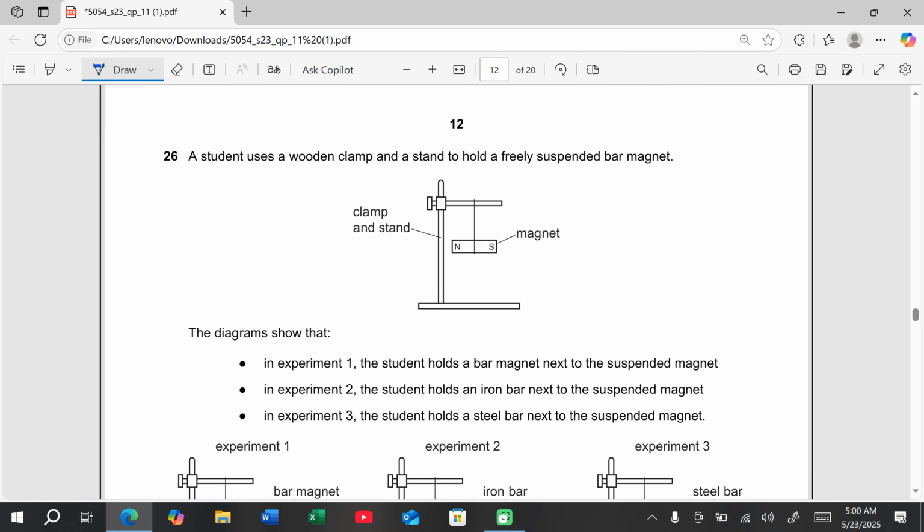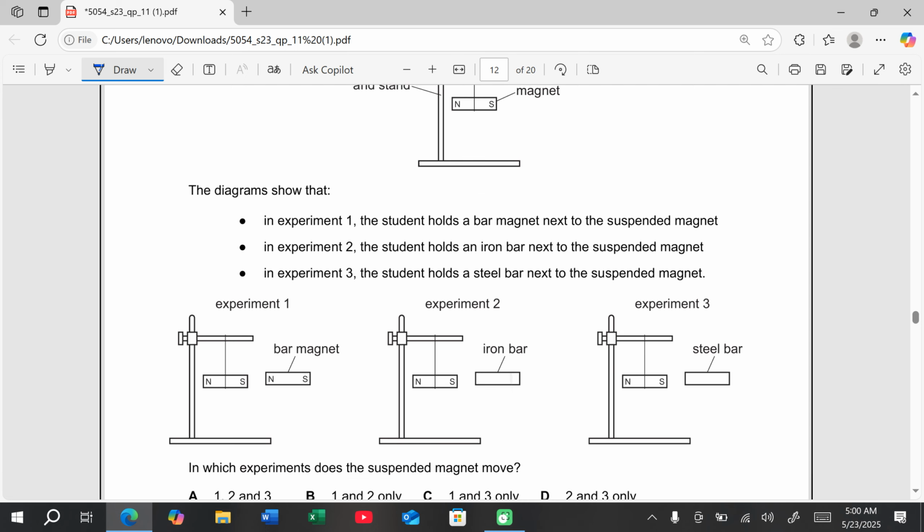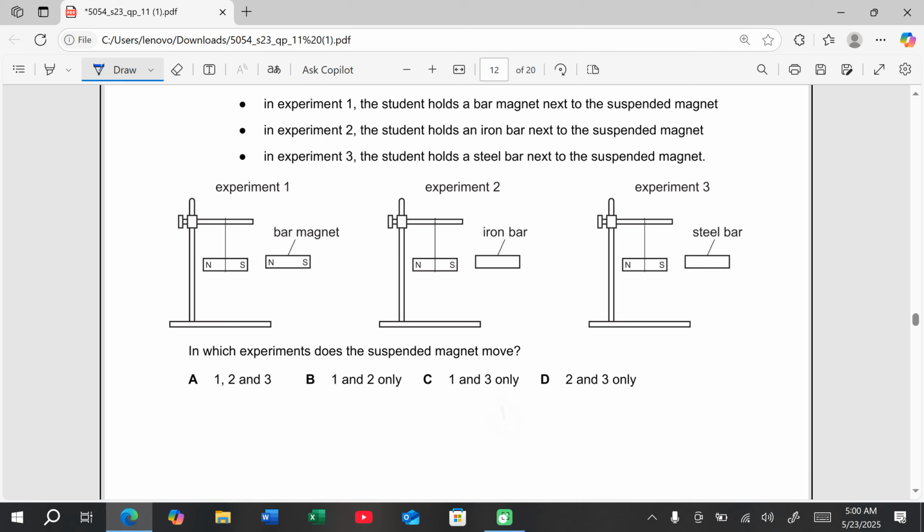A student uses a wooden clamp and stands to hold a freely suspended bar magnet. The diagram shows the experiment when the student holds the bar magnet next to the suspended magnet. In experiment 2, the student holds the iron bar next to the suspended magnet. In experiment 3, the student holds a steel bar next to the suspended magnet. These are the three.